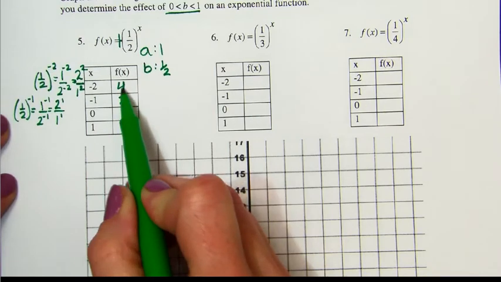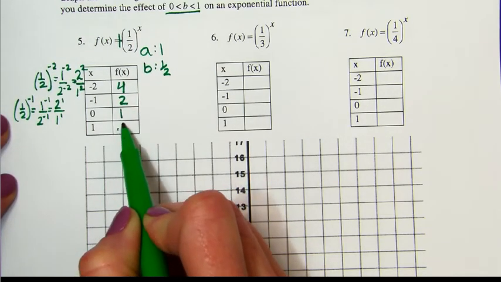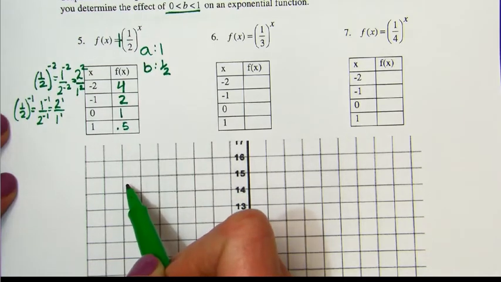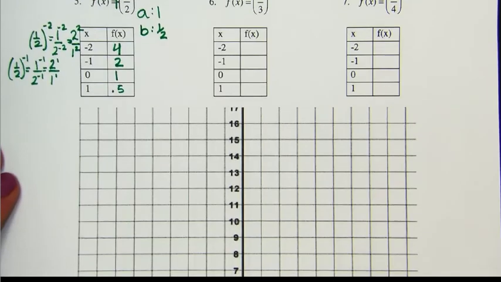So I can now assume that I'm going to cut 2 in half and get 1, and cut 1 in half and get 0.5. And then let's go ahead and graph it.